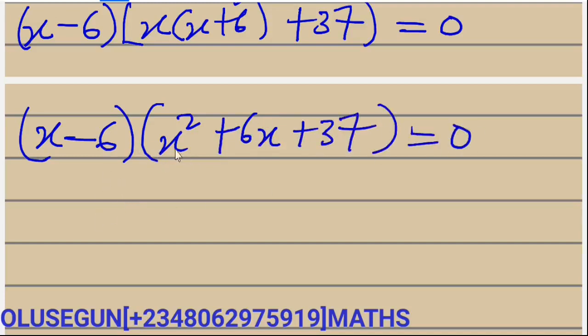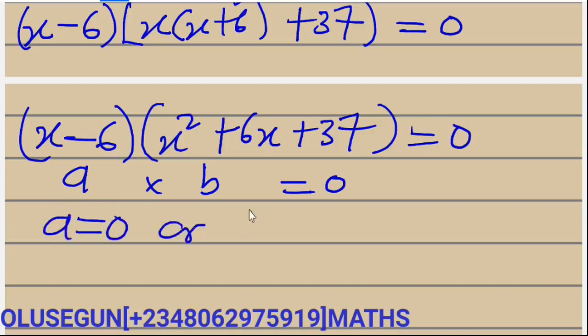Now, when two numbers multiply and give us 0, the meaning is that if a times b is equal to 0, then a is equal to 0 or b is equal to 0. So this is the meaning of it: when you multiply the factors, it gives you 0, and it means a is equal to 0 or b is equal to 0.